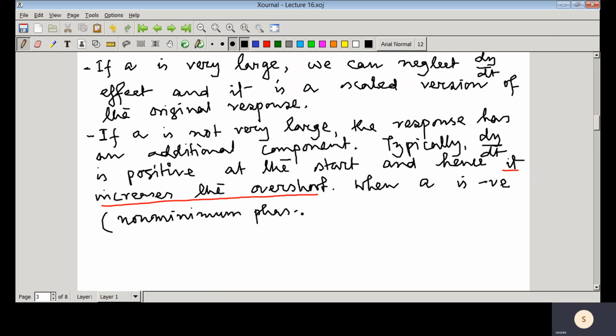Whenever a system has a 0 on the right half of the S plane, that system is called a non-minimum phase system. When A is negative, a negative kick is observed.